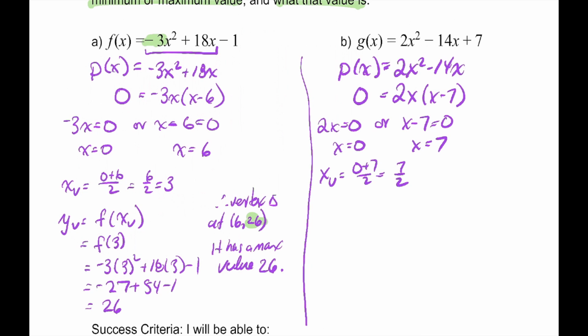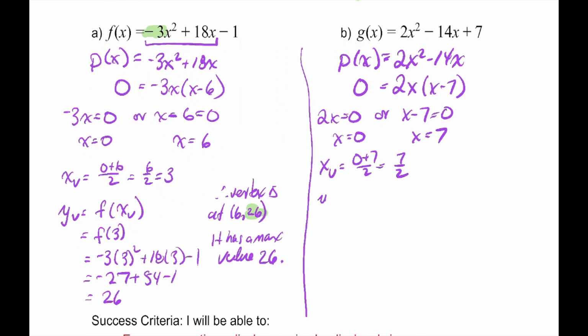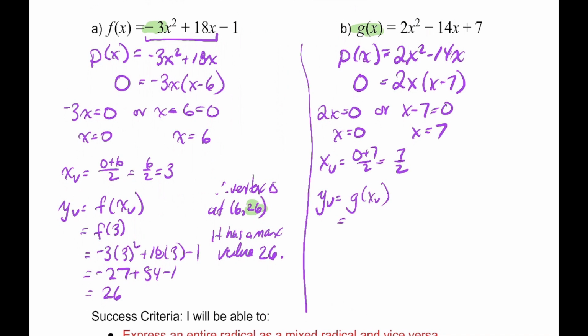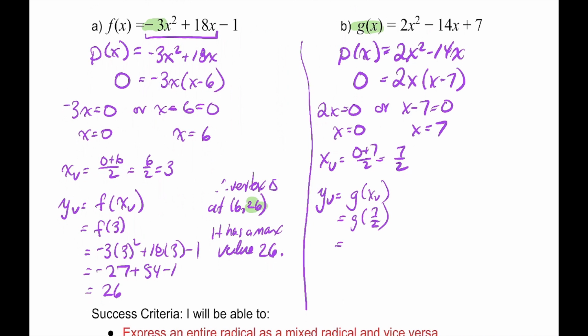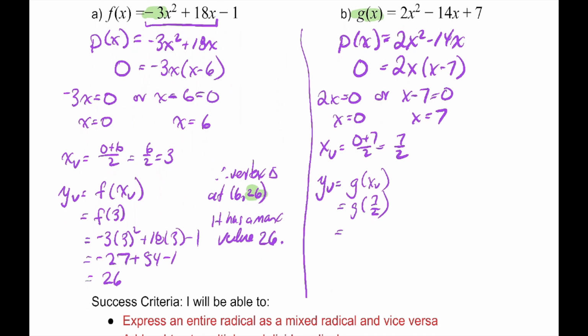Well, for the y coordinate of the vertex, we have to go back to our original function, in this case g of x. So plug in the x coordinate of the vertex, which is going to be 7 over 2. So here's going to be a little bit of work since we have to deal with fractions.